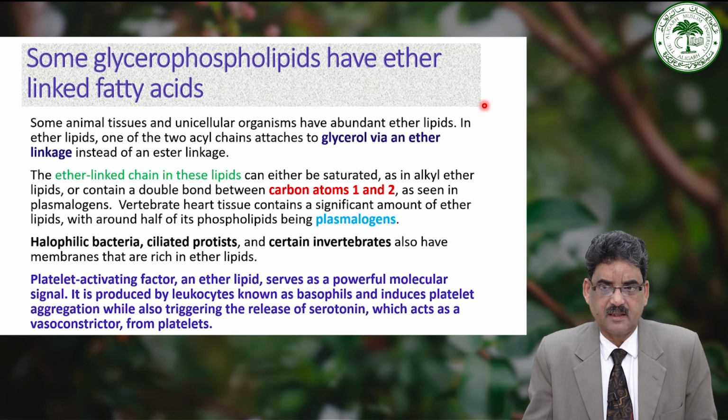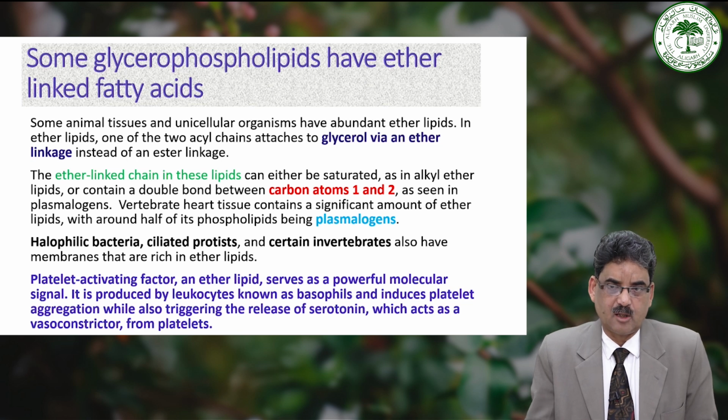These ether-linked chains may either be saturated, as observed in alkyl ether lipids, or contain a double bond between carbon atoms 1 and 2, as observed in plasmalogens.